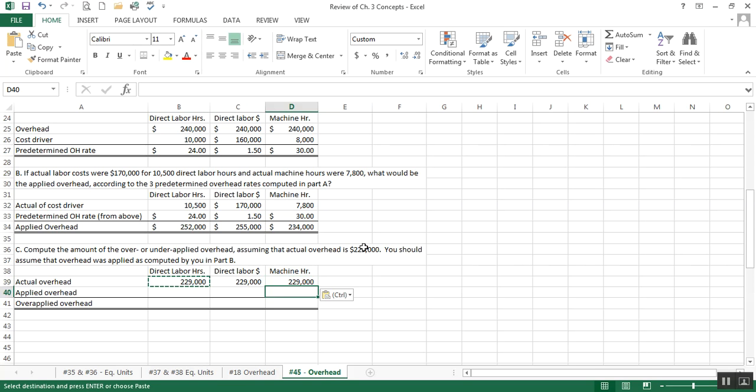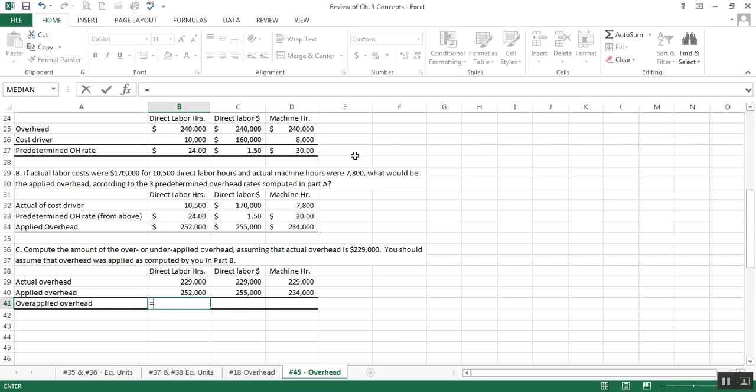Compute the amount of over or under applied overhead, assuming the actual is $229,000. So that's going to be the same for all the scenarios. And then we take the applied overhead that we calculated above, 252, 255 and 234, and then we subtract those. So we have the applied overhead minus our actual. We have over applied overhead in each of these scenarios.